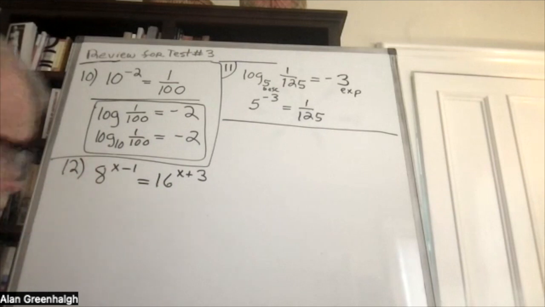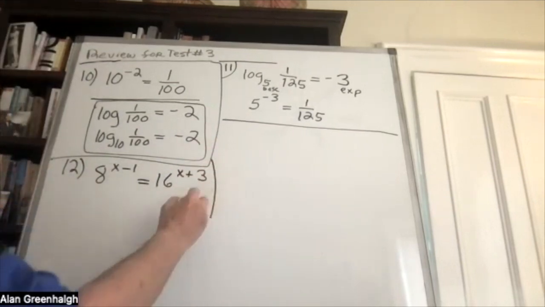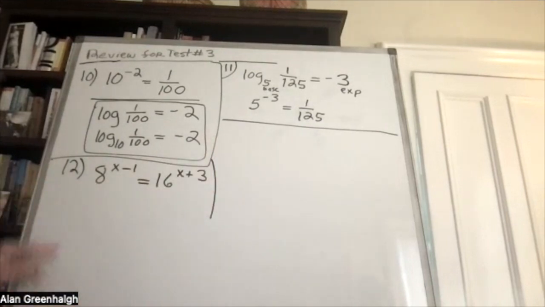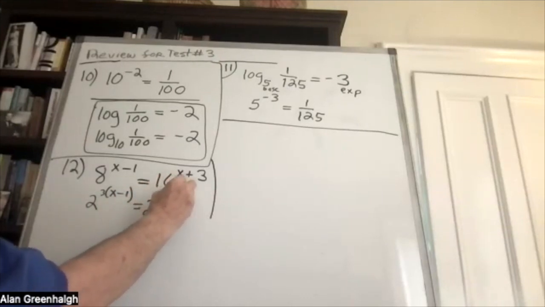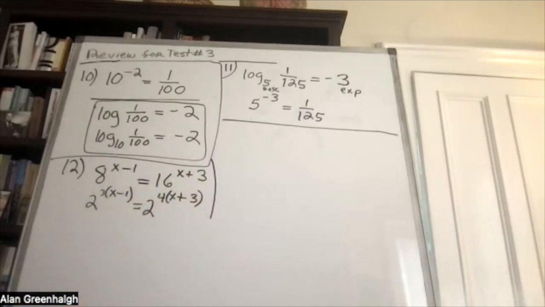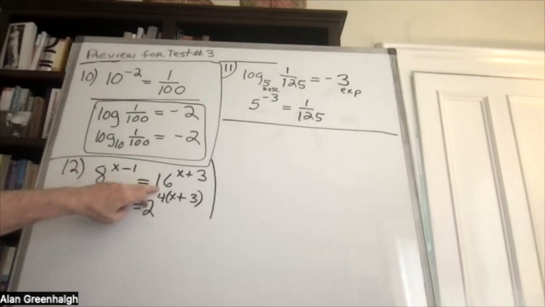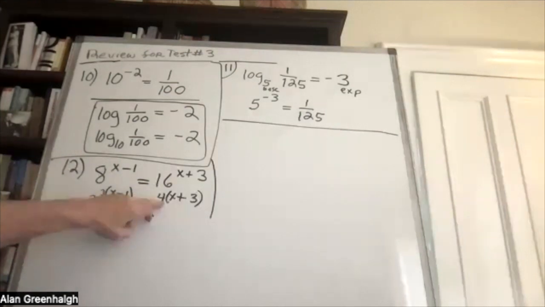You have to know those two charts that I discussed the other day. So this is 2 to the third, x minus 1, equals 2 to the fourth, x plus 3. 8 is being replaced by 2 to the third, and 16 is being replaced by 2 to the fourth.